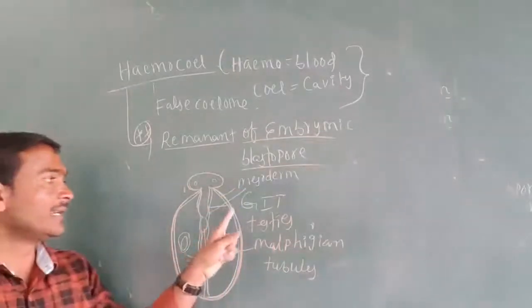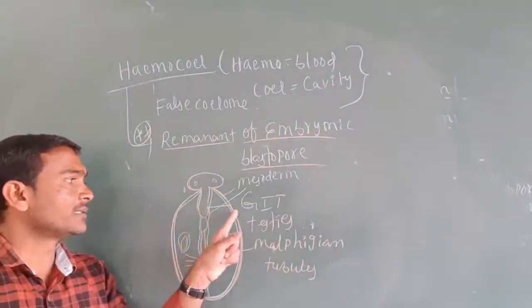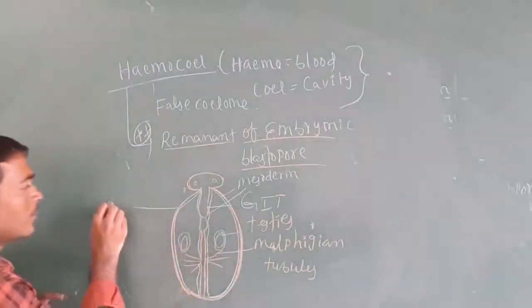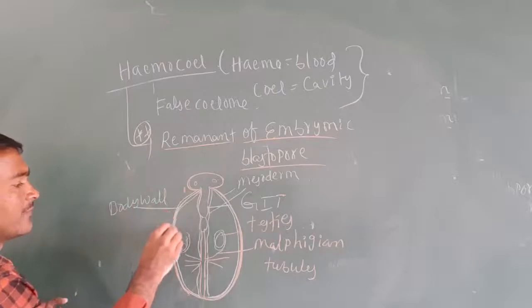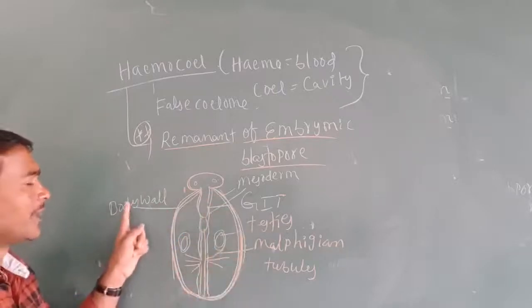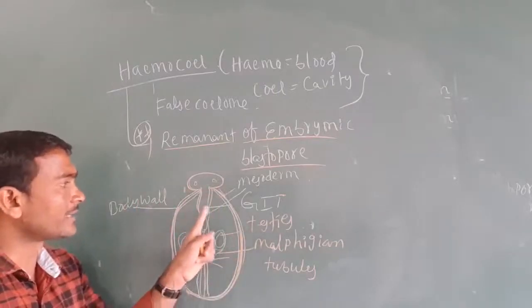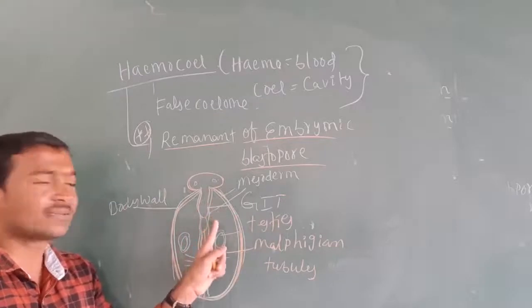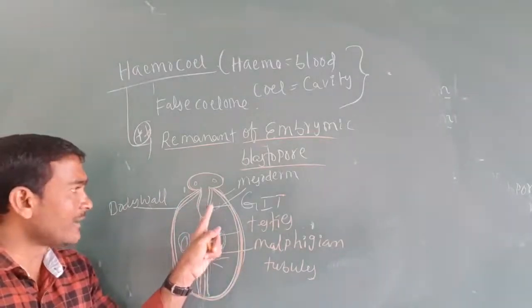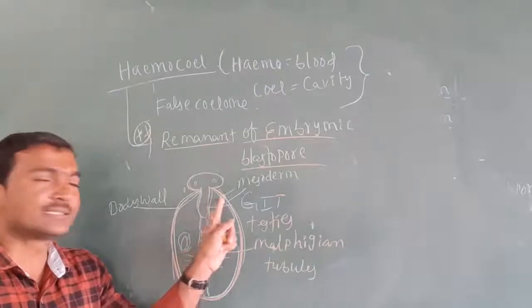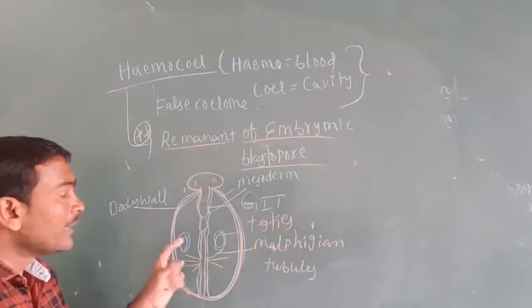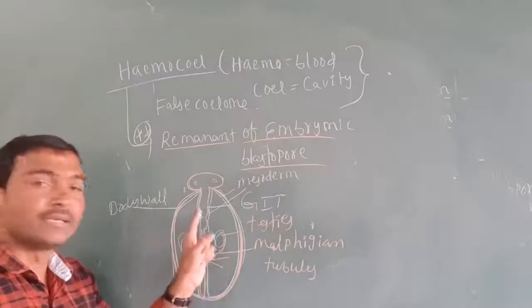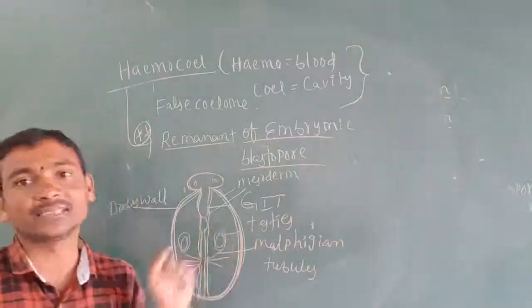This is the elementary canal and this is the body wall. See that between the body wall and elementary canal the space is there, and either side is lined by the mesoderm. It is a testis. During the early stage it is like this.